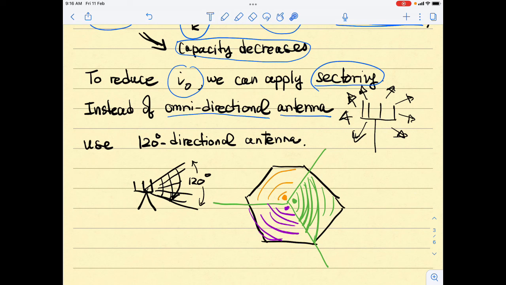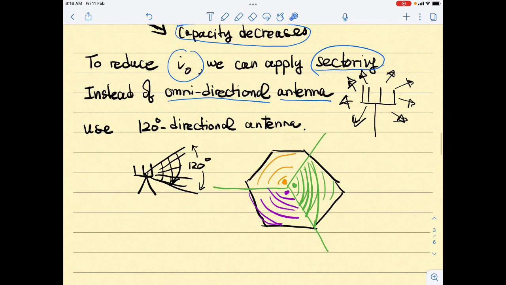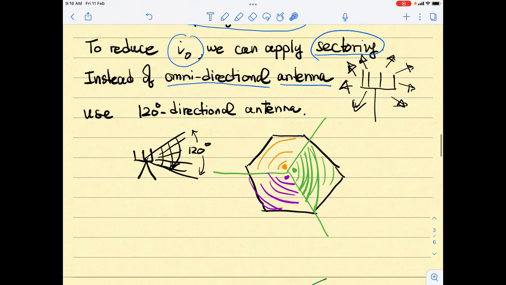So for example, if we have a 120-degree directional antenna, what that means is the antenna will be able to transmit in this 120-degree angle, not 360-degree angle. Okay. That means in a cell, if we want to capture all the users, then we have to install 3 sets of this type of antennas.